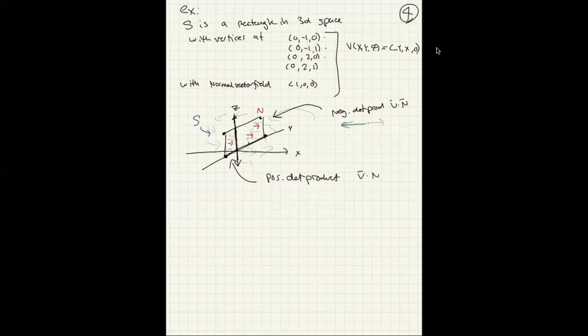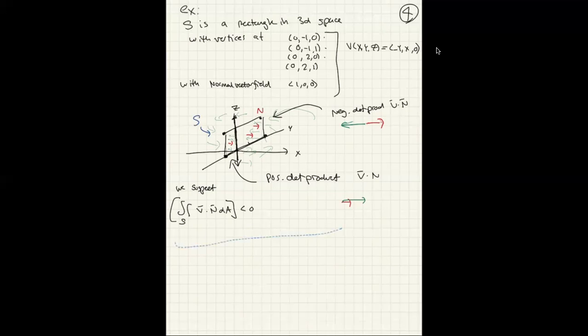Here it's more like that dotted with this thing. But because there's more area on the negative side, we suspect that the total accumulation of this dot product, the integral of v dot n dA over S, would be negative. That on the total, the vector field is going into the negative side of the surface.